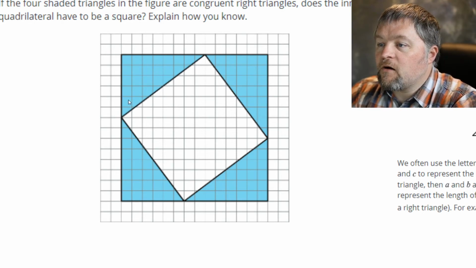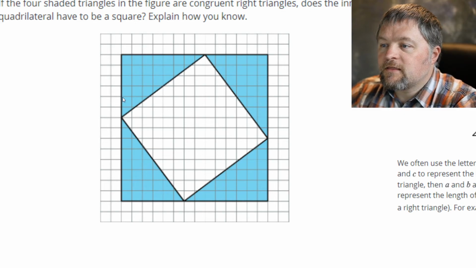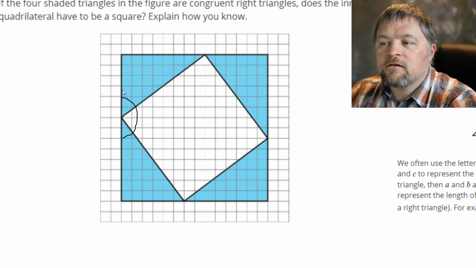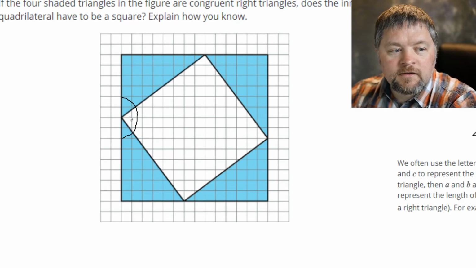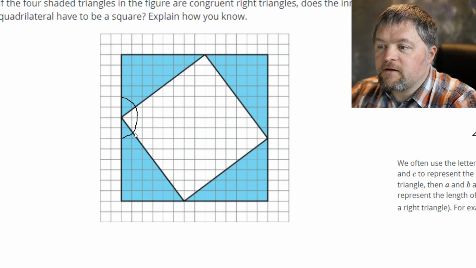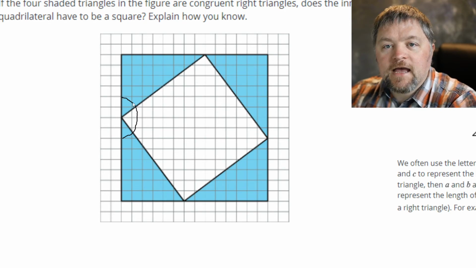Well, we know that this figure here makes a straight line, which means the sum of these three angles has to be 180 degrees.